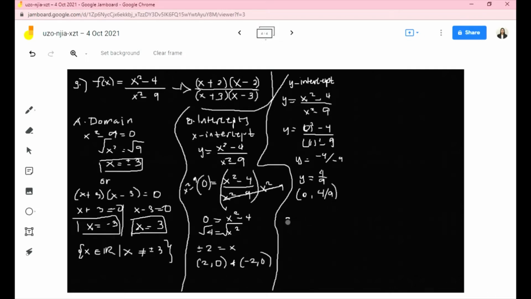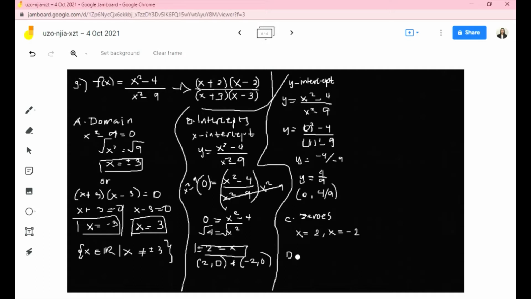Now let's have the zeros. For the zeros, just copy the x values on your x-intercept, that is positive and negative 2. So your zeros will be x is positive 2 and x is negative 2. Now let's continue.